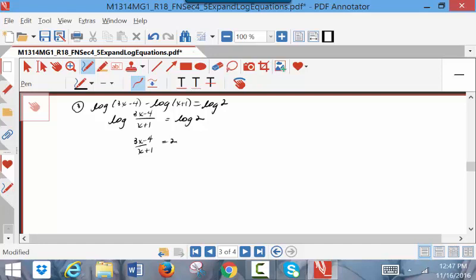Now when you have a fraction involved, this is where we would cross multiply. So I would cross multiply, make this like a 2 over 1. So I'd have 2 times x plus 1 equaling 1 times 3x minus 4. Again, a very simple linear equation. This becomes 2x plus 2 equaling 3x minus 4.